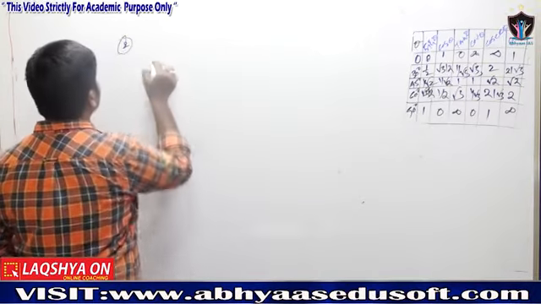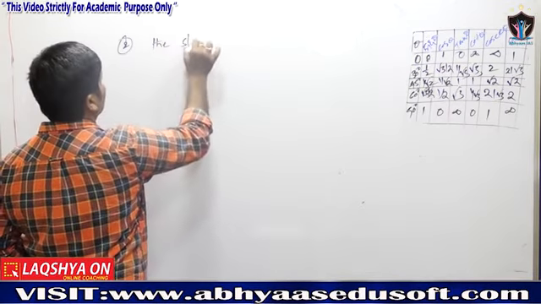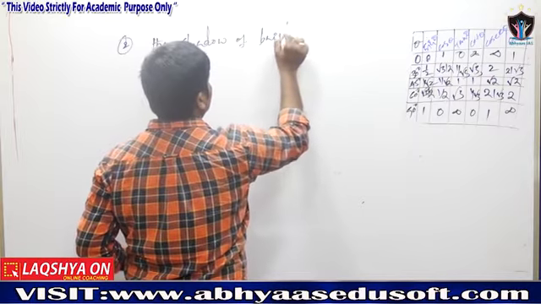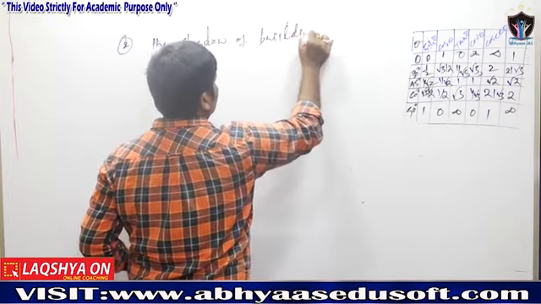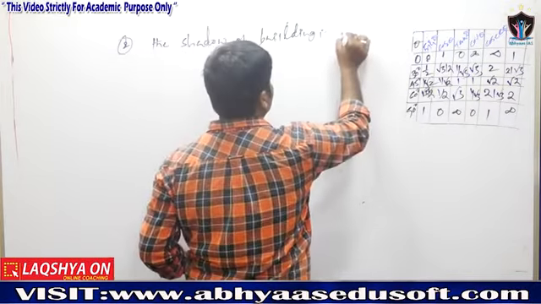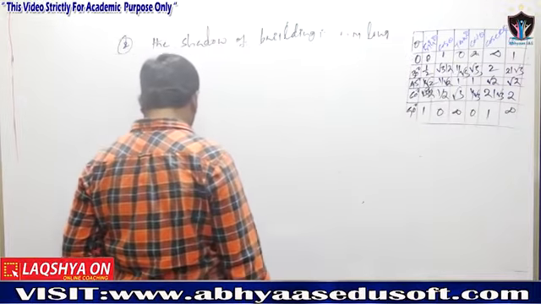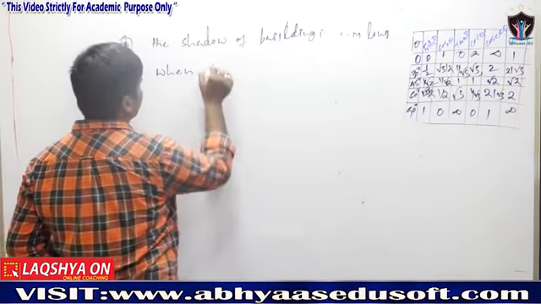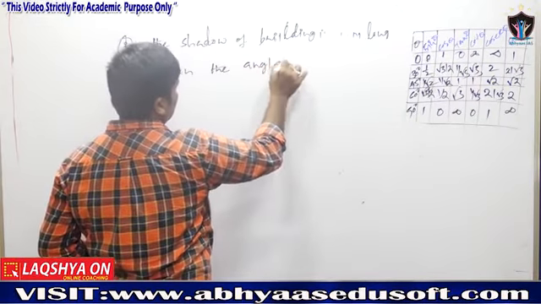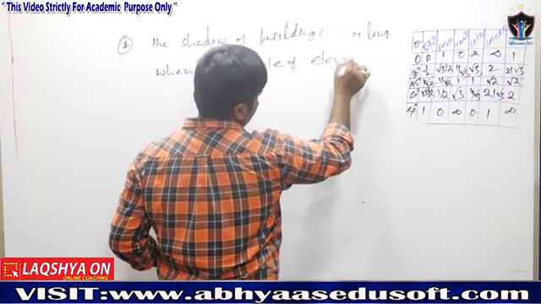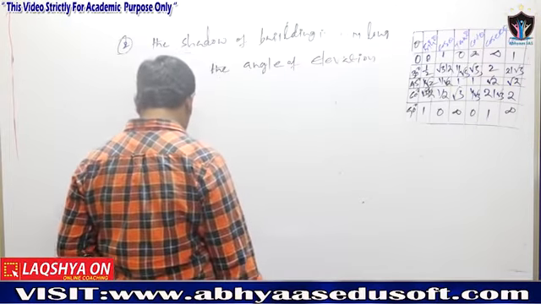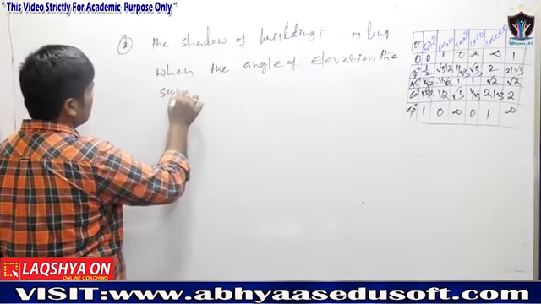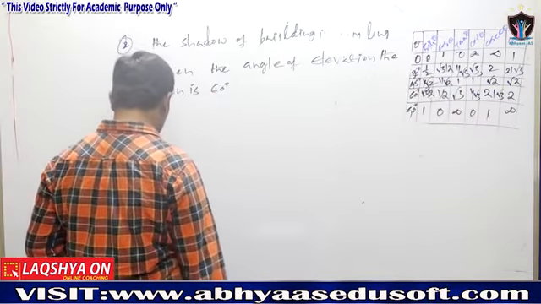The shadow of a building is 10 meters long when the angle of elevation of the sun is 60 degrees. Find the height of the building.